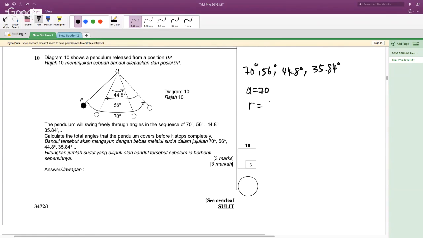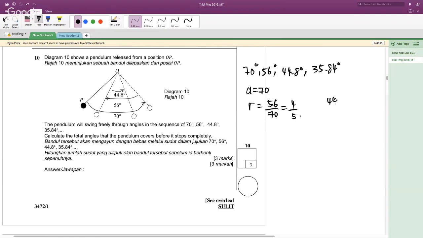R is very easy. I use the second term divided by the first term, and then I will get 56 over 70. Yeah, it's 4 over 5. And then I always will double check, to see whether my R is correct or not.